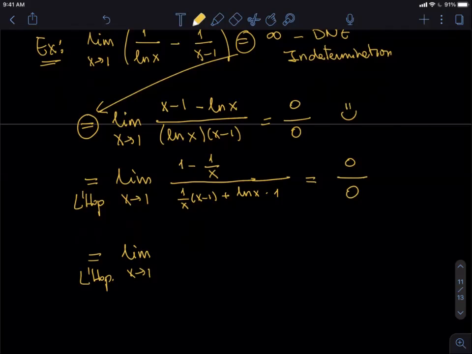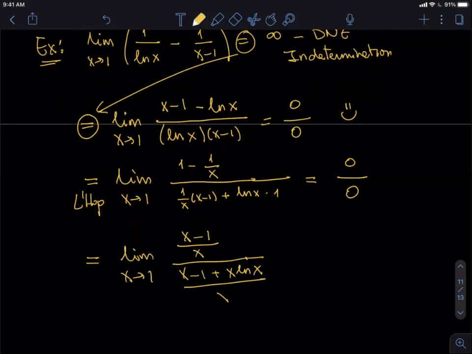Yeah, let's simplify before, because otherwise this is going to be painful. You can do the derivatives, but be smart. See if you can simplify. So x minus 1 divided by x minus 1 plus x logarithm of x divided by x. So we simplify the x's. This is still 0 divided by 0.